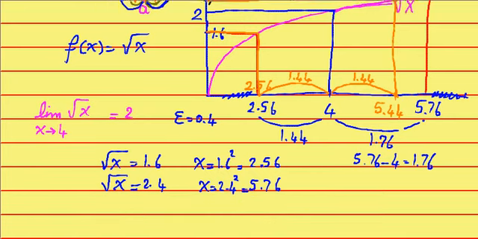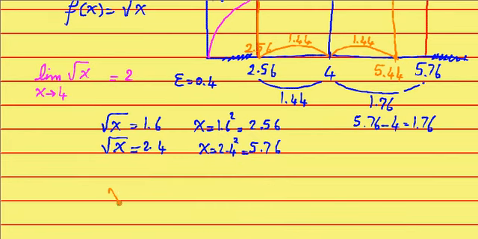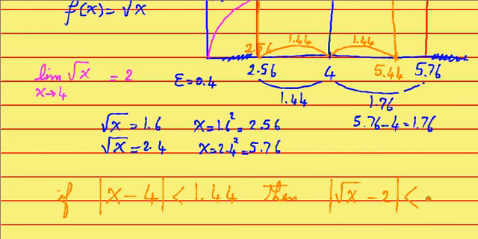So here we say if x doesn't deviate by more than 1.44 from 4, that is, if |x minus 4| is less than 1.44, then |radical x minus 2| is going to be less than 0.4.